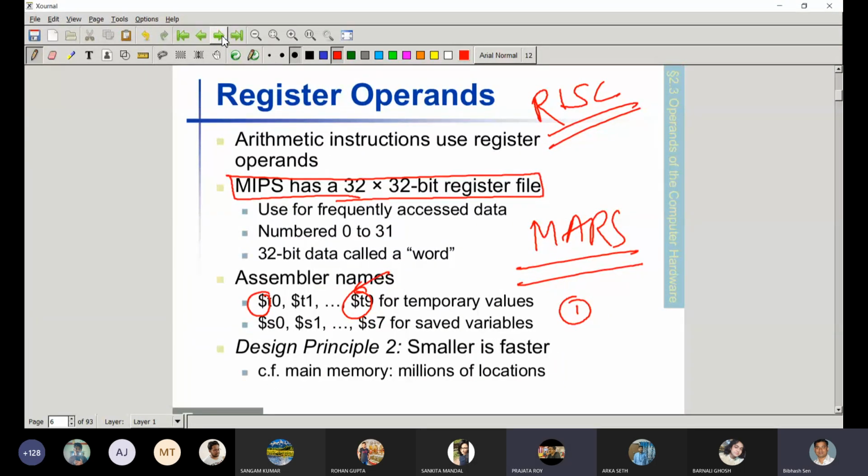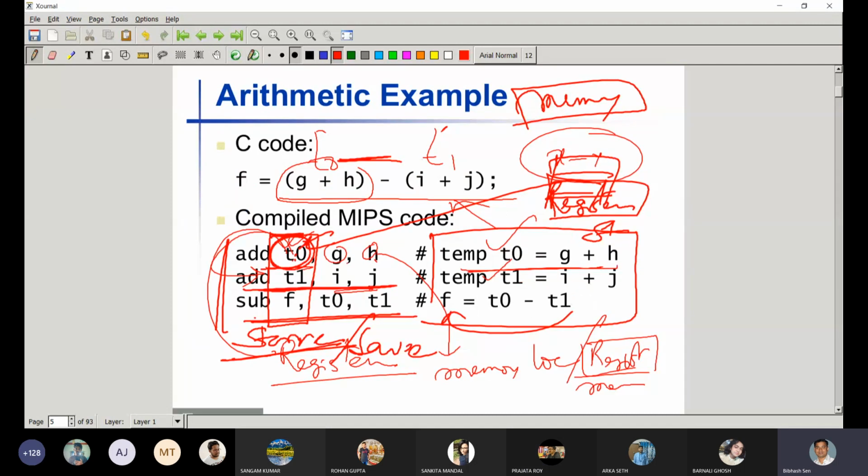Sir, the prefix for both temporary and saved variables is the same? Yes, it's dollar. Whenever any storing happens, not in memory, that means in the previous example I am not using any store or save option.